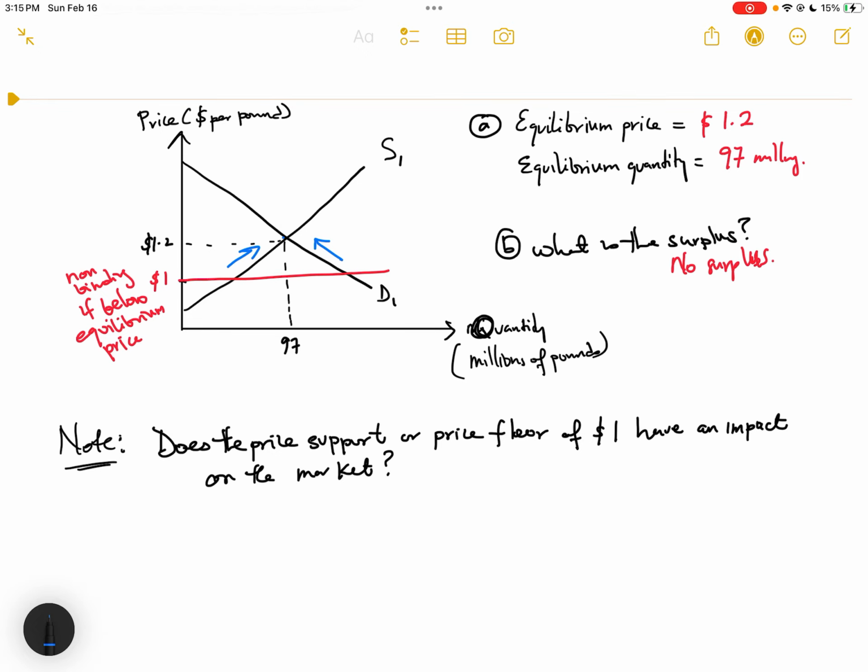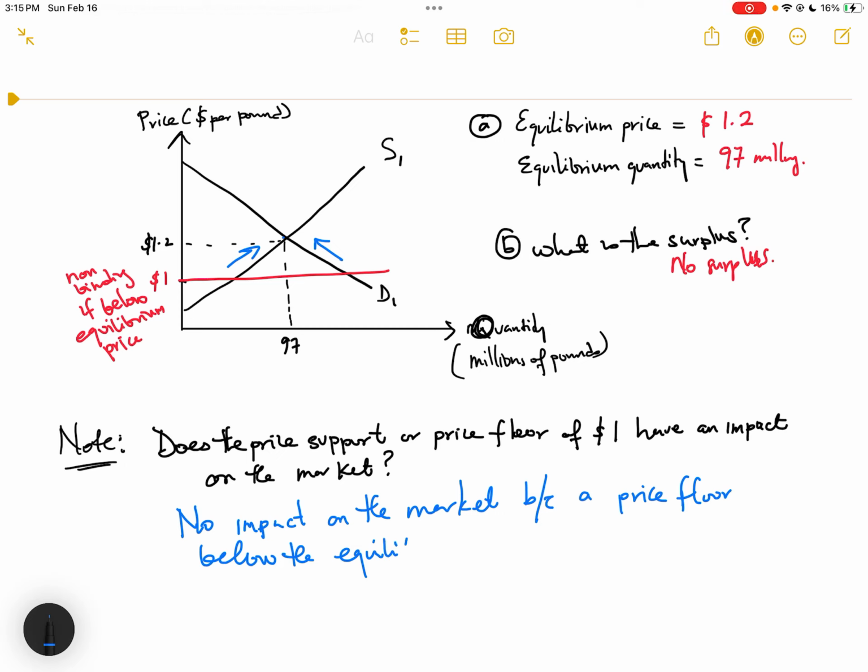Okay, does the price floor or price support of $1 have an impact on the market? No impact on the market, because a price floor below the equilibrium is non-binding.